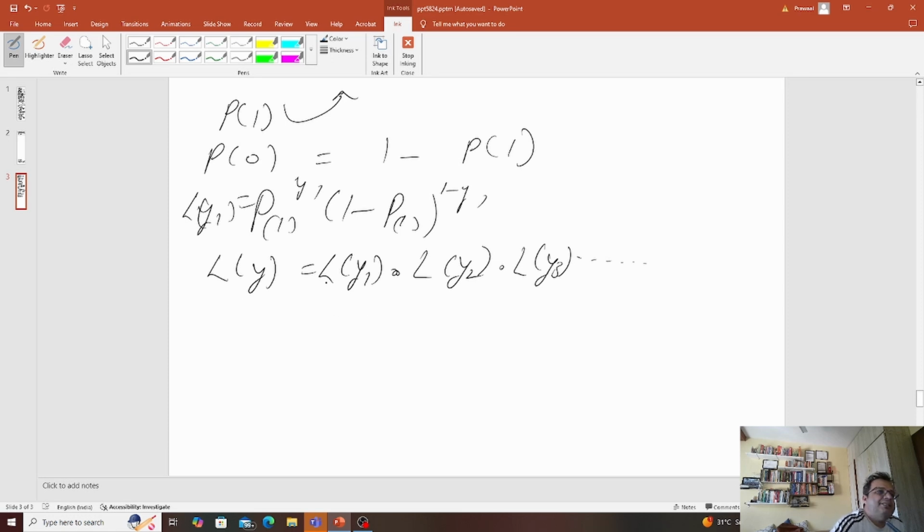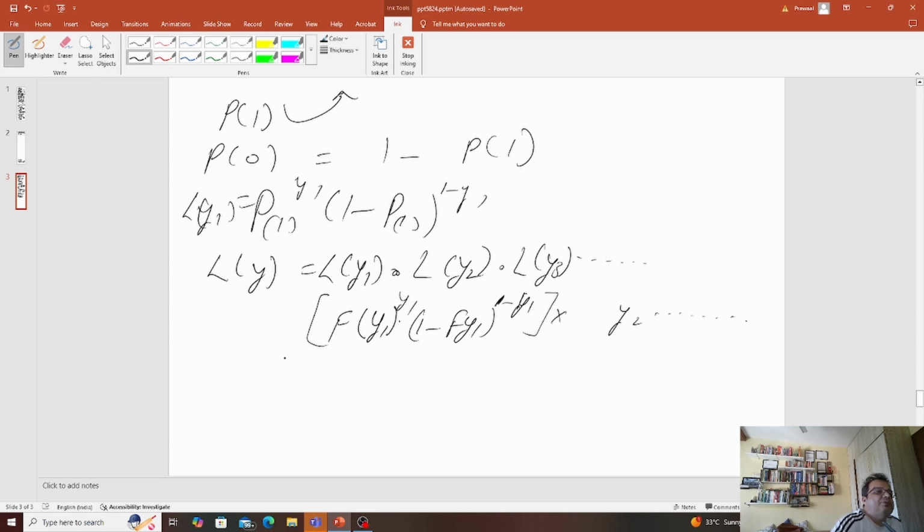The papers are extremely easy, but it is good that you understand how these probability distribution functions work. So the loss function of y1 is going to be f of y1 raised to the power of y1 into 1 minus f of y1 raised to the power of 1 minus y1. And this is for y1, and y2 and y3, so this will carry on and on. This is going to get multiplied for y2 and y3 and so on.